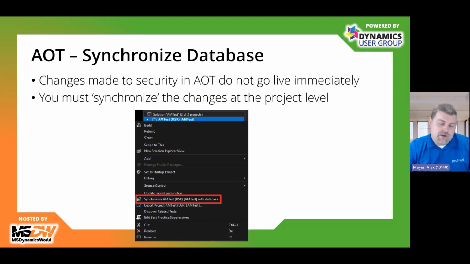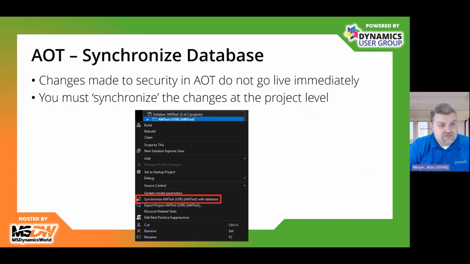Just like we had the unpublished object area in the user interface, we do have to do a similar process when we're creating the security via the AOT, and that's by synchronizing the project. So what you would do is go into your project and create your roles and privileges or your modifications.